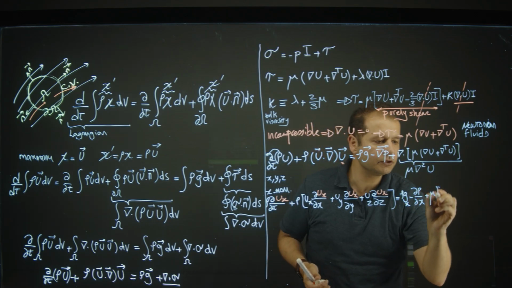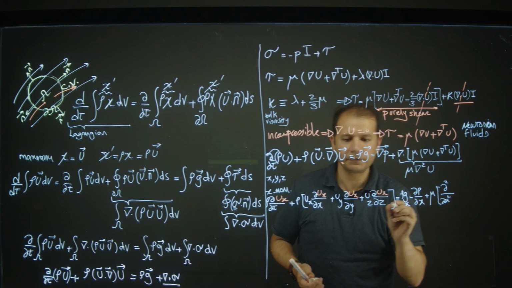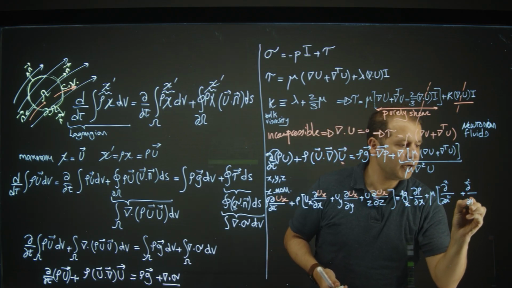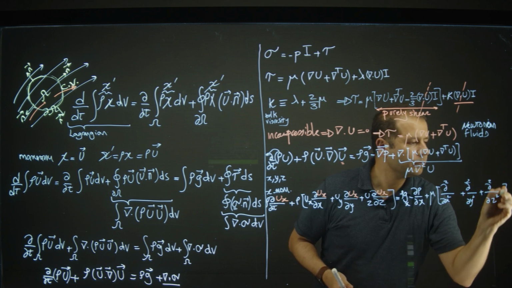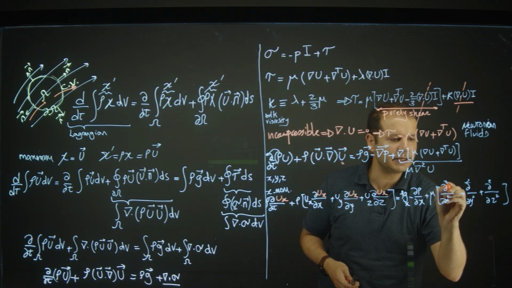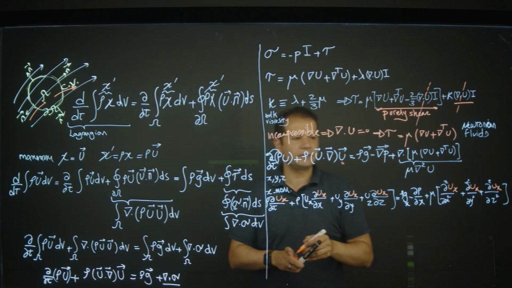What is Laplacian of u? It is d second dx2 plus d dy2 plus d dz2. And since I'm writing it for x force balance, x momentum balance, I write ux in all the numerators here.